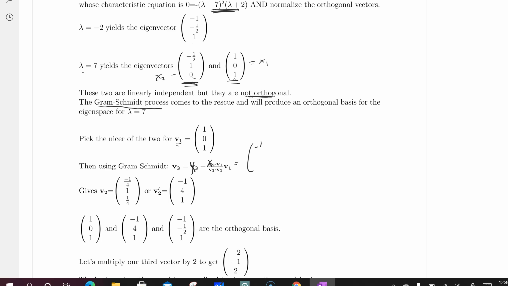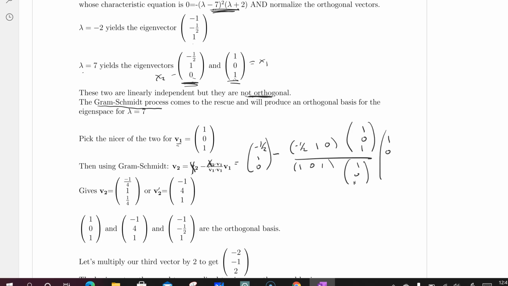So X2 is -1/2, 1, 0, minus, and I'm dotting X2 with V1. So -1/2, 1, 0 dotted with V1, which is 1, 0, 1, divided by 1, 0, 1 dotted with 1, 0, 1, and that all gets multiplied times V1, which is 1, 0, 1. Okay, so -1/2, 1, 0, carrying it along.